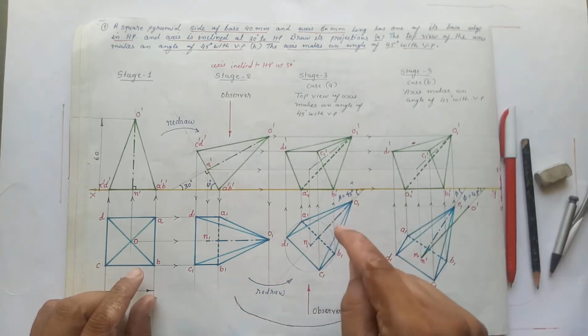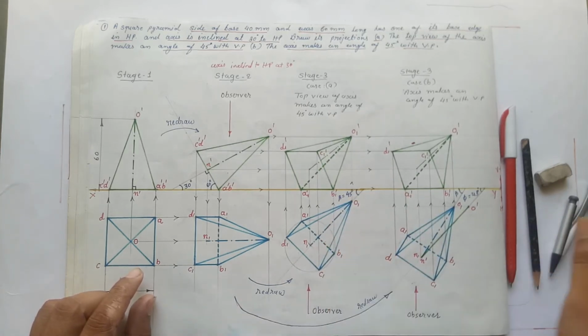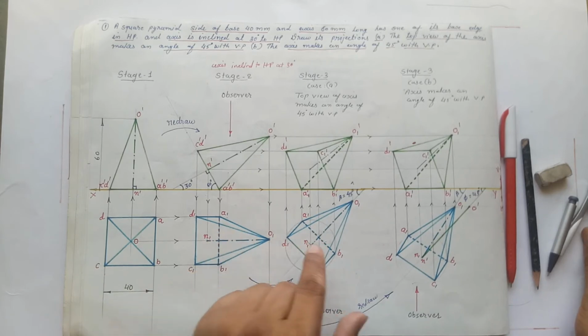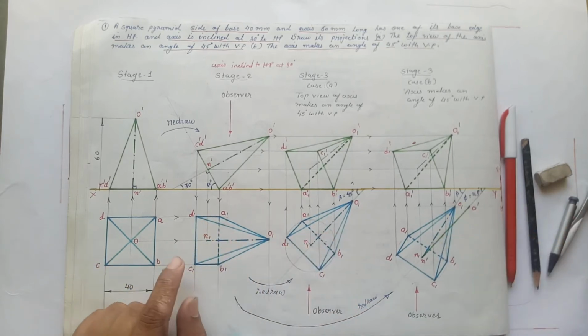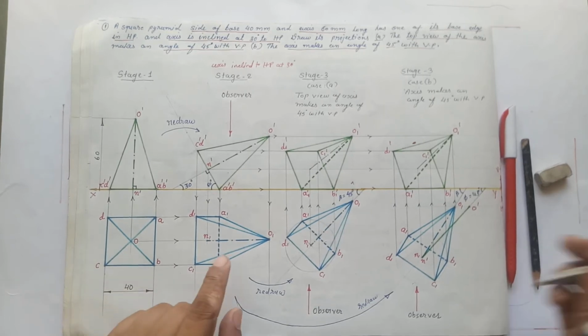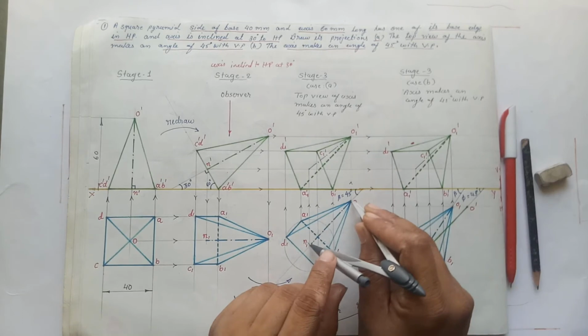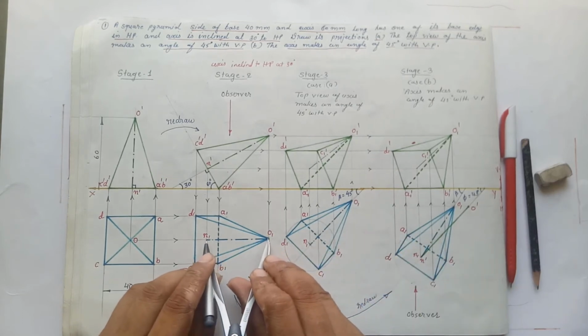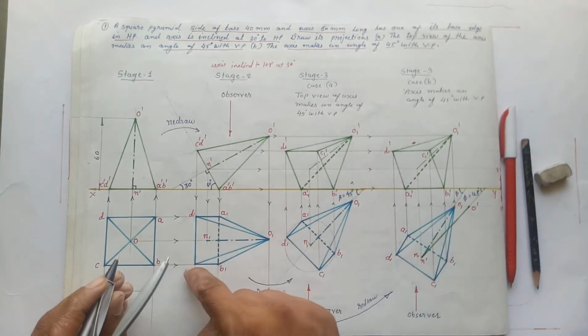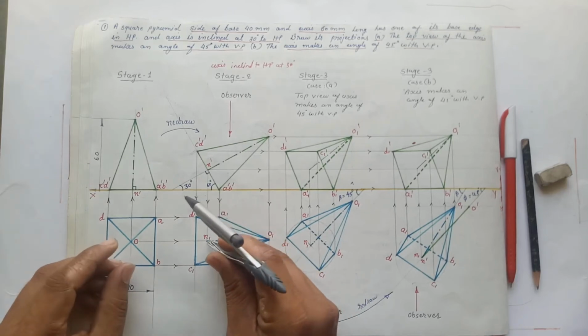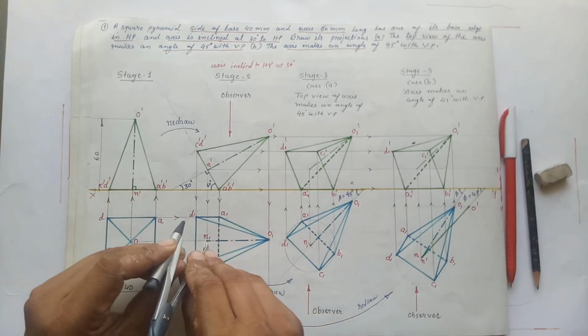Now the main part in this third stage is to copy this figure over here. That means we have to redraw this figure over here, and we have already marked O1 and 1 from this figure. Now if you want to mark A1, B1, C1, D1, we can use the geometry of the figure.